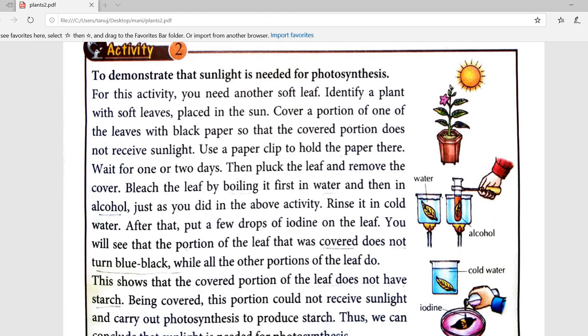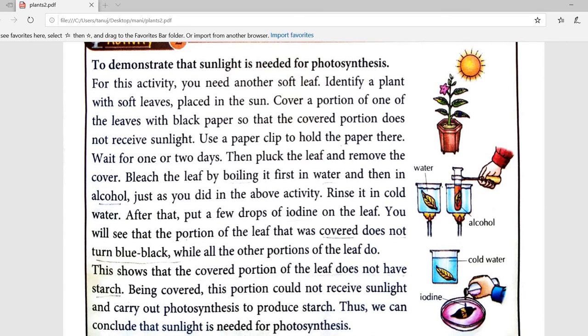So first of all I want to explain one more thing. If we take 2 pots, one we keep in the sunlight, and the second we keep in a dark room where no sunlight will come, what will you see after 2-3 days?